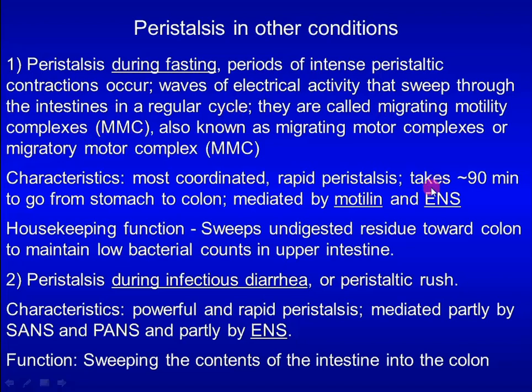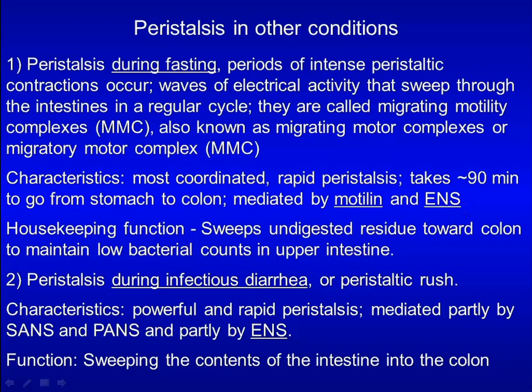It takes 90 minutes to travel from stomach to colon. They are mediated by motilin and enteric nervous system. The purpose of peristalsis in this condition is to sweep undigested residue towards colon to maintain low bacterial counts in upper intestine.